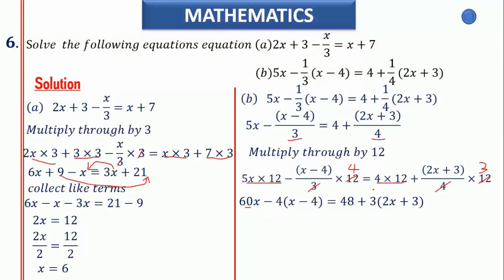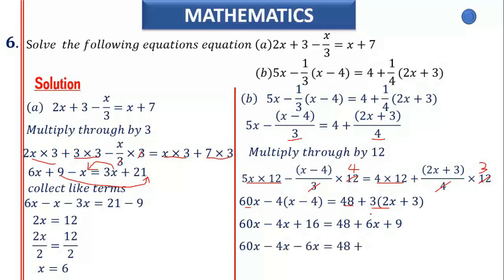So 4 times 12 will give us 48, and 3 can then multiply everything here. This is what you have here already. So let's say we expand the bracket. If you expand the bracket, that means you have 60x minus 4x plus 16 equals 48 plus 6x plus 9.